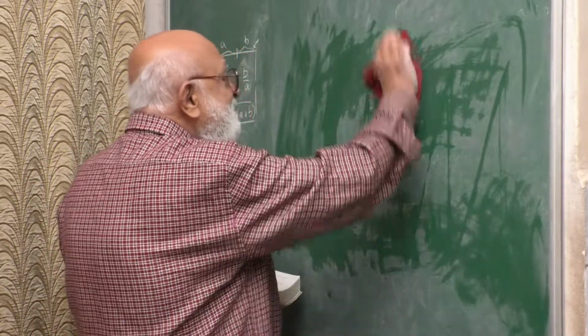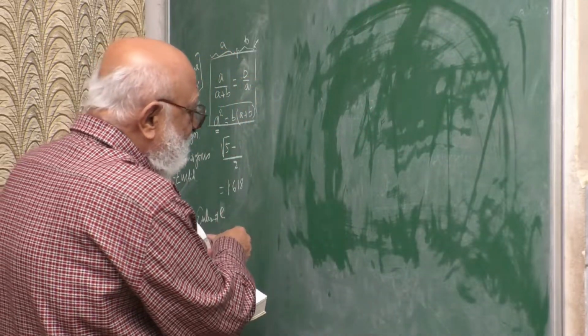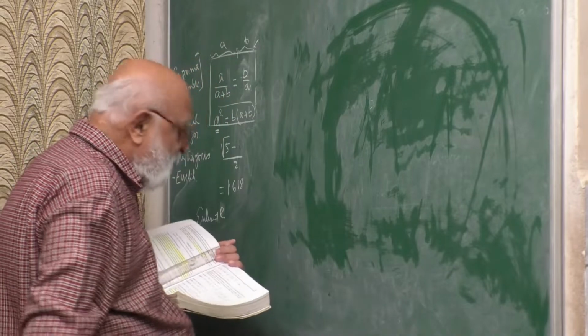If I take two irrational numbers, as we have done before, we made a product and we got 60.